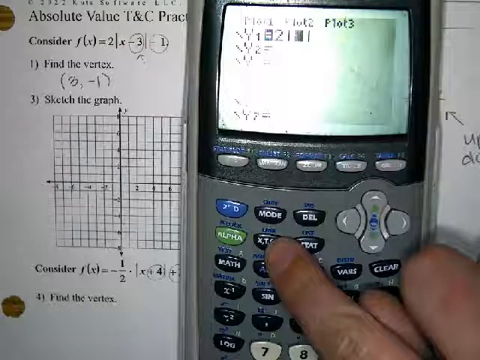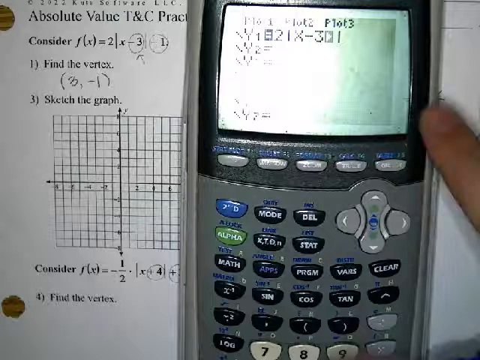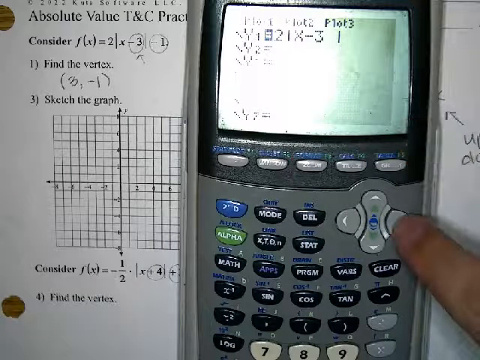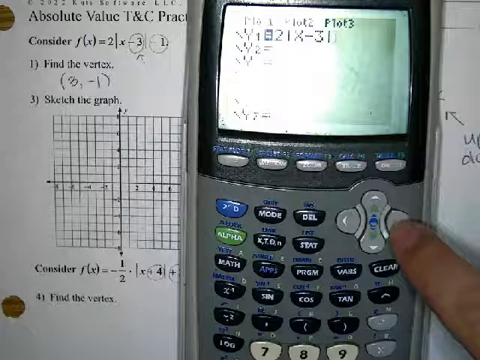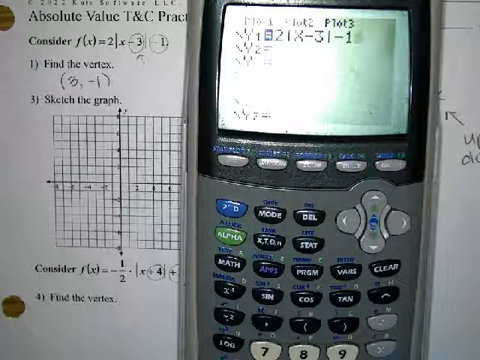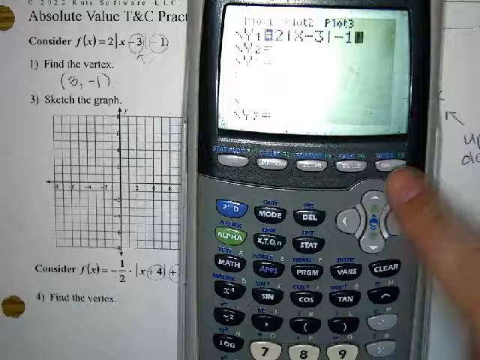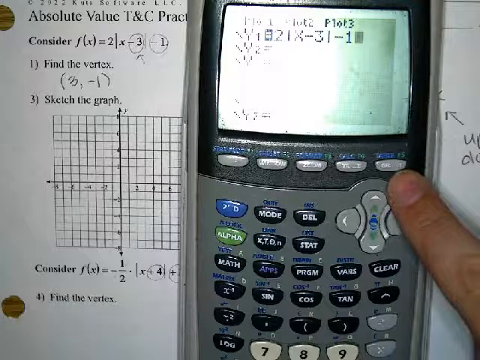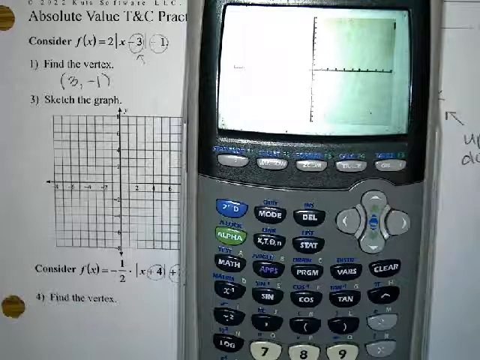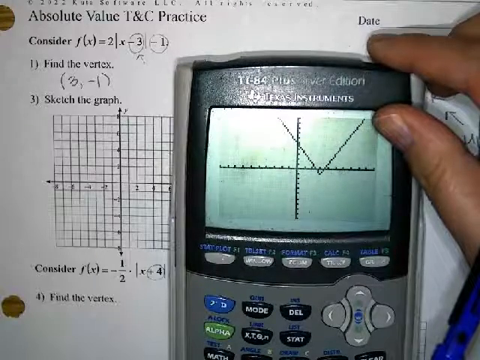And then I want to get out of the absolute value sign, so I'm going to go right arrow to get out of it, and then minus 1. So now I have typed the equation, so now I can hit the graph button and graph the equation. So there's my graph right there.